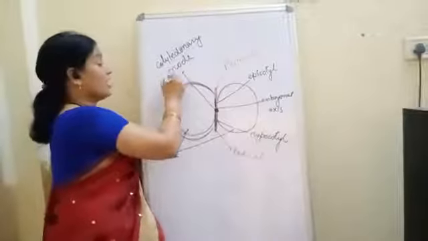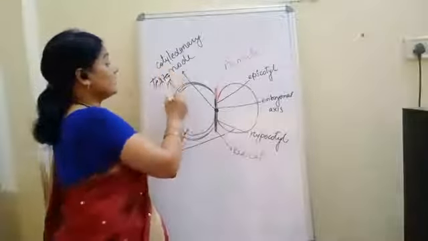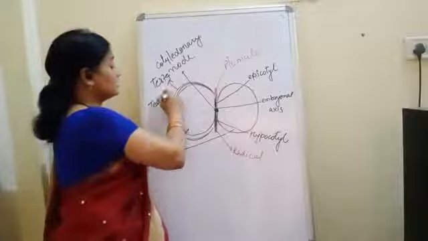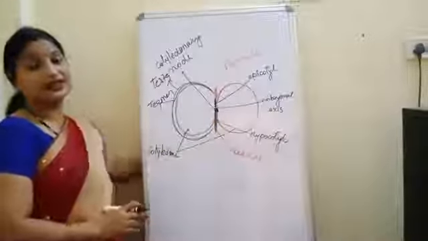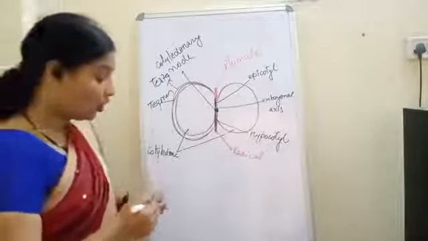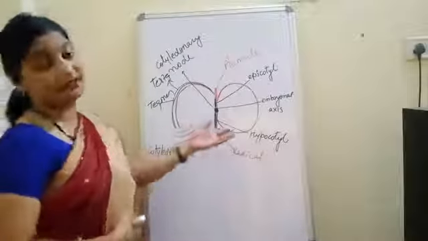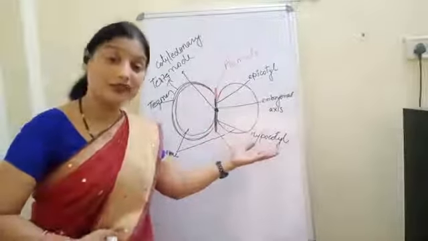So outer is called the testa, inner is called the tegmen, and then we have the cotyledon and everything inside it. So this is all about the development in case of the dicot embryo.